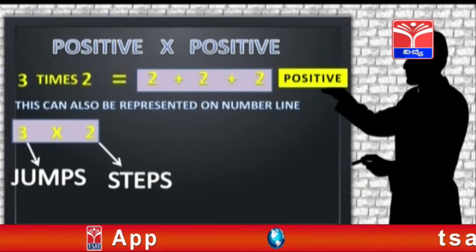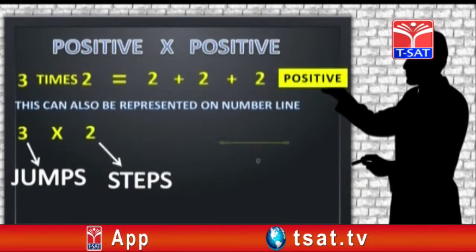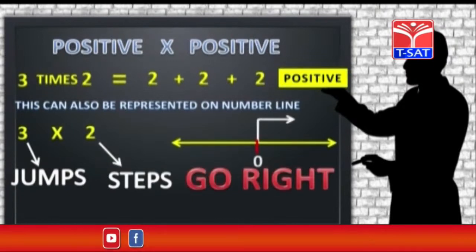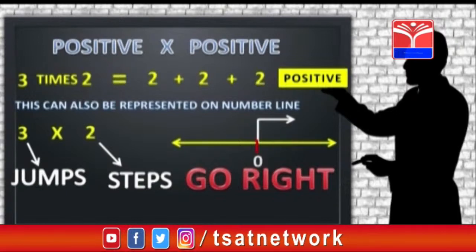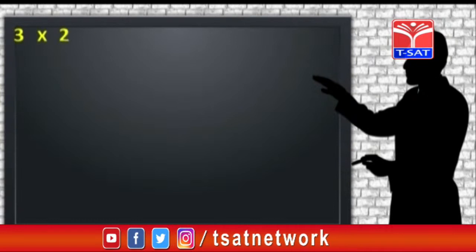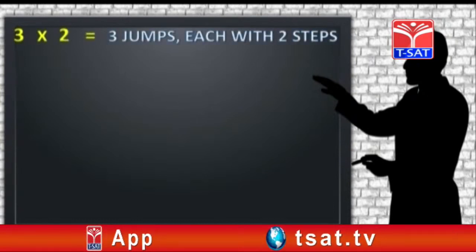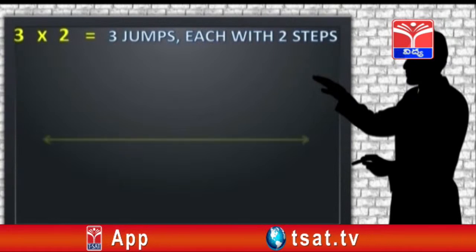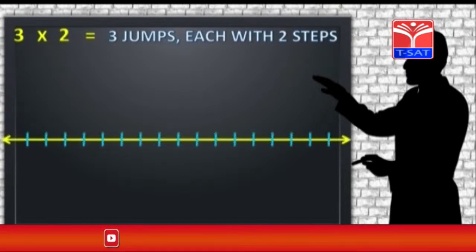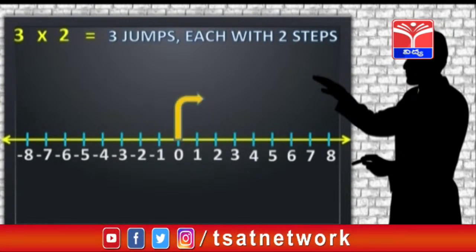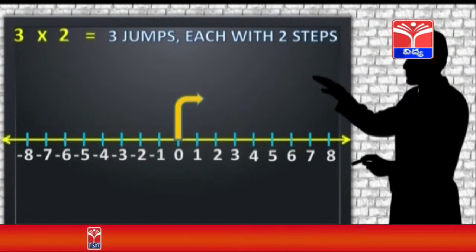Hence, while representing this product on the number line, remember we must move towards the right side of the 0. Okay, let us see how we represent this product on the number line. So in 3 times 2, I told already this is 3 jumps, each with 2 steps. And on the number line, from 0 we move to right side, because this is the product of positive times positive and answer is also positive.